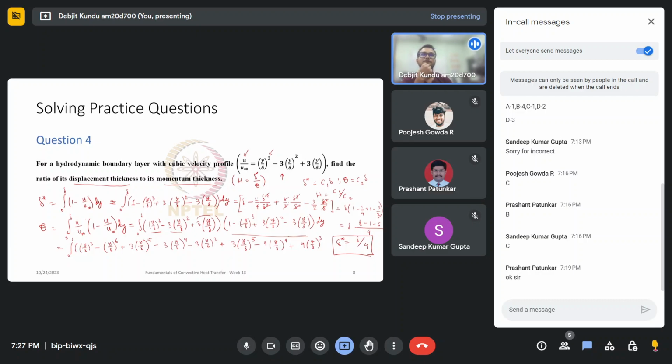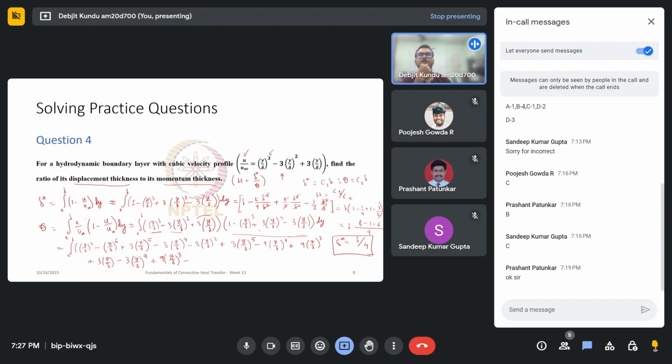Now this term we will multiply with all four terms. So this is 3y by delta. So plus 3y by delta, minus 3y by delta to the power 4, plus 9y by delta squared and 1, so cubed, and again minus, wait a second, what's happening here?